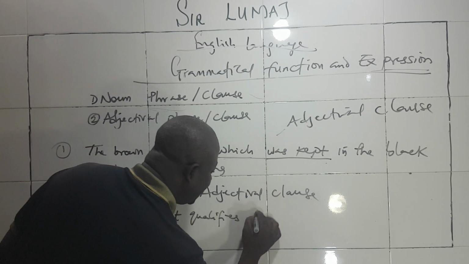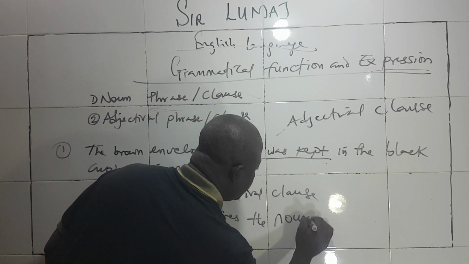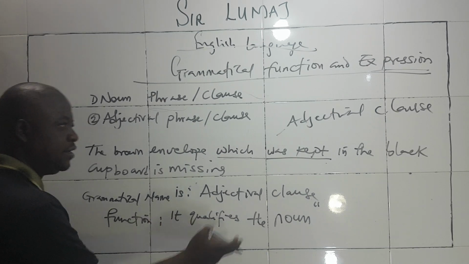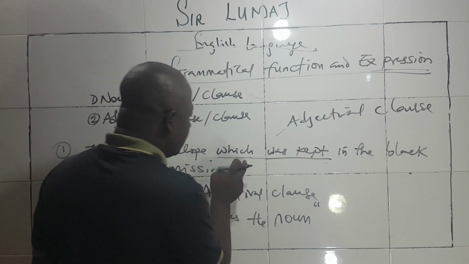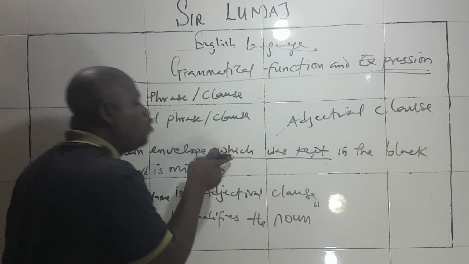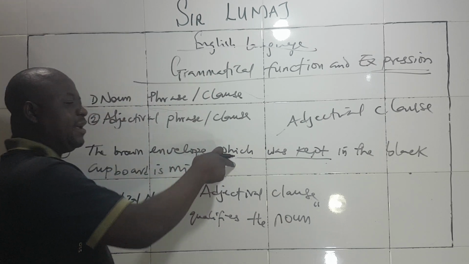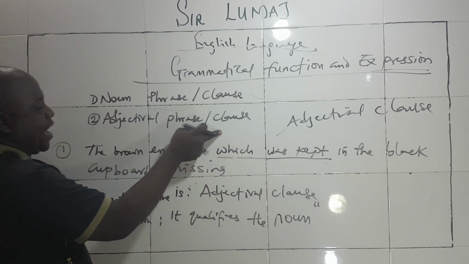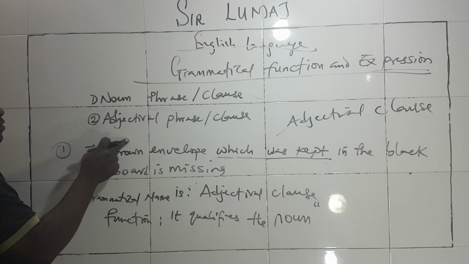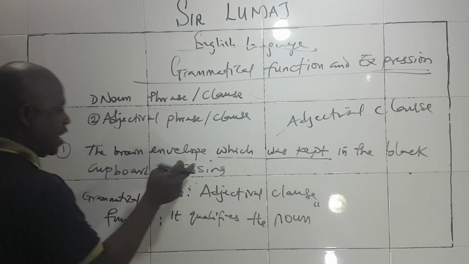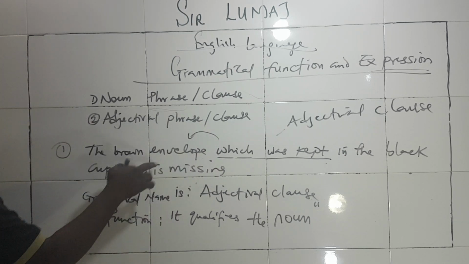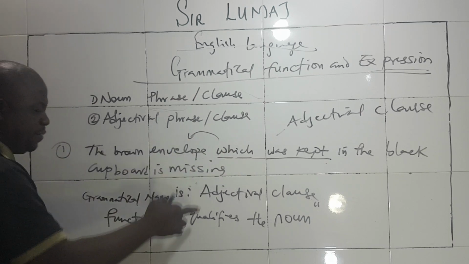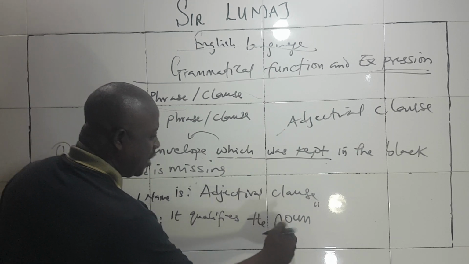It qualifies the noun. You now quote and unquote that noun. And how do you know the noun? In that sentence, that noun will always come before the adjective. This is which. Then you now have to go back to where I will find the noun. Now, if I go back like this, envelope. What part of speech is envelope? A noun. Then it qualifies the noun envelope.